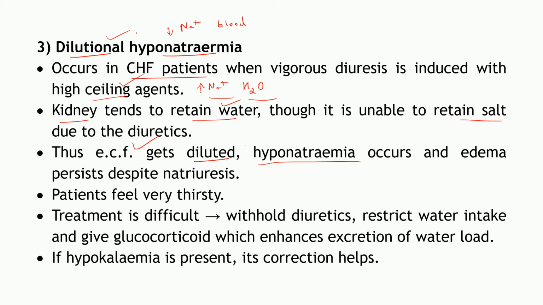Why is this hyponatremia getting precipitated? That's because of the dilution of the ECF. Okay, so this condition may be precipitated along with the edema. Again, the edema may be persistent because of retention of more and more water. So the patient may feel very thirsty.